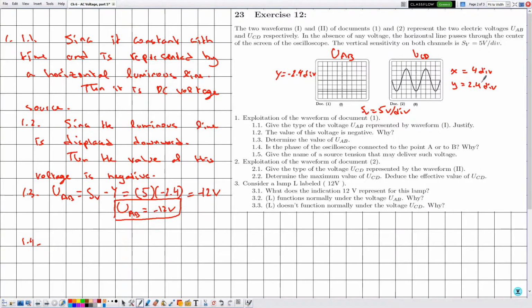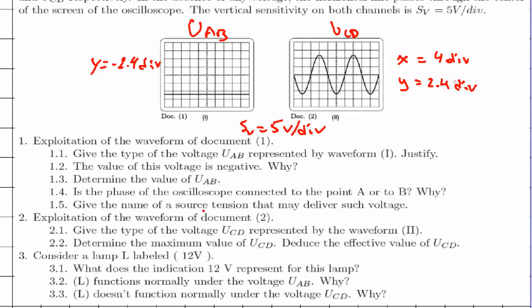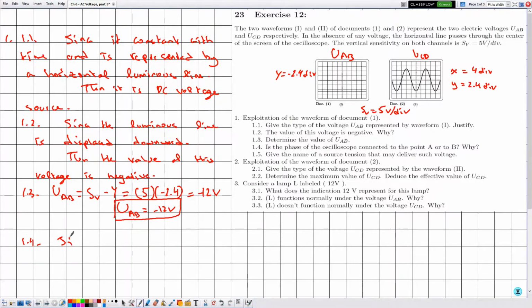Now in 1.4, they are telling me: is the phase of the oscilloscope connected to the point A or to B? Now notice that the oscilloscope is measuring UAB. And we know that always the first letter corresponds to the phase terminal.